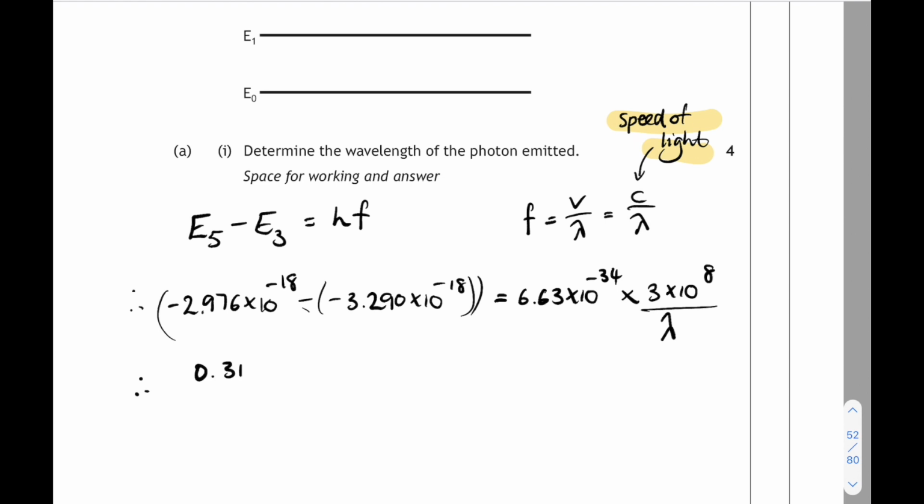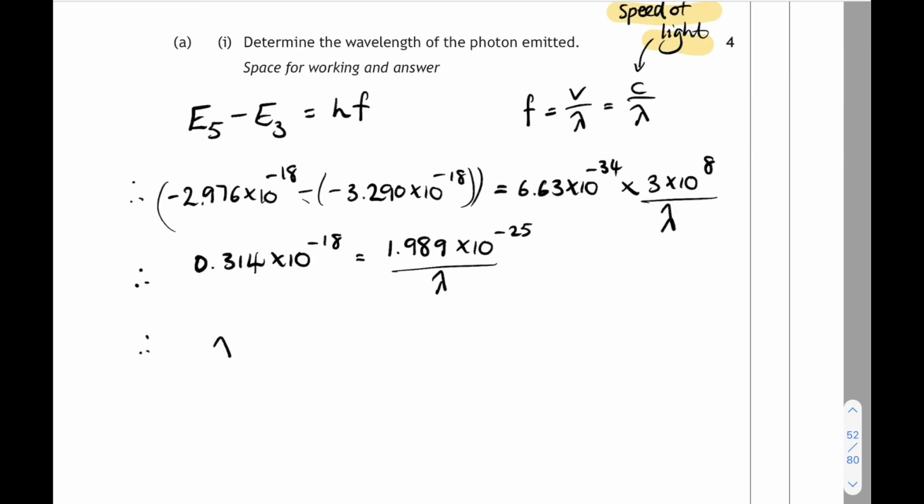The left-hand side on your calculator there gives you an answer of positive 0.314 times 10 to the minus 18. And then the 6.63 times 10 to the minus 34 times the speed of light is 1.989 times 10 to the minus 25. And remember, I'm not rounding anything. Don't round anything until you get to the very end.